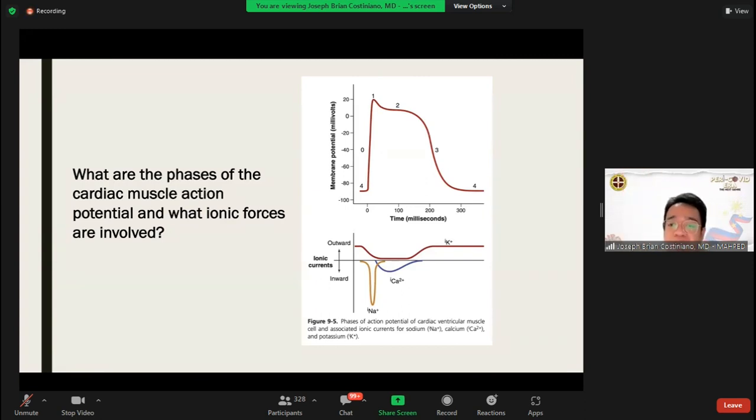Meanwhile, para bumalik yung RMP down to stage 4, you need the conductance of your potassium. Okay? Potassium, which is flowing outwards of the cell in order to push your RMP down to negative 70 to negative 80 millivolts.